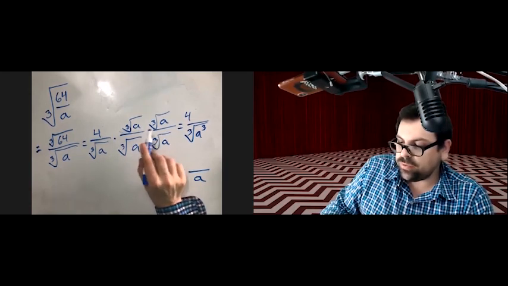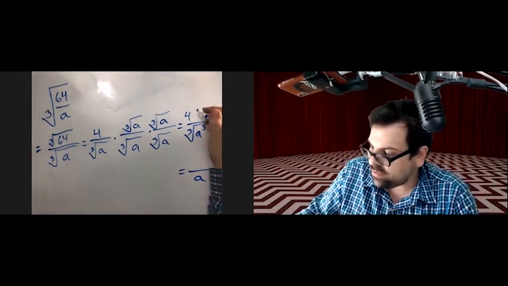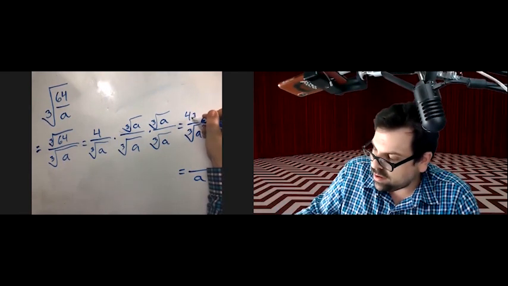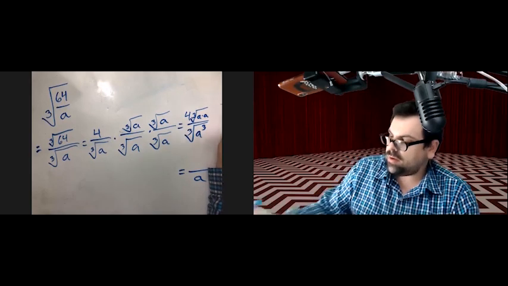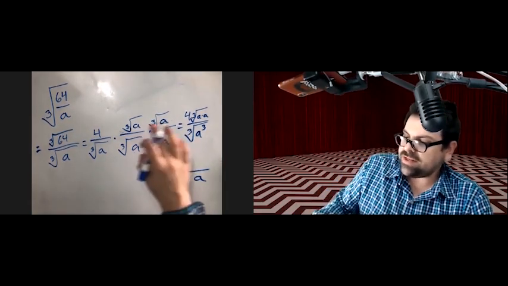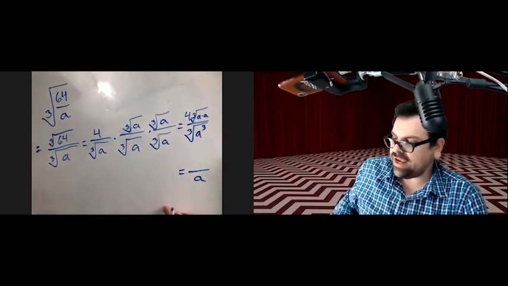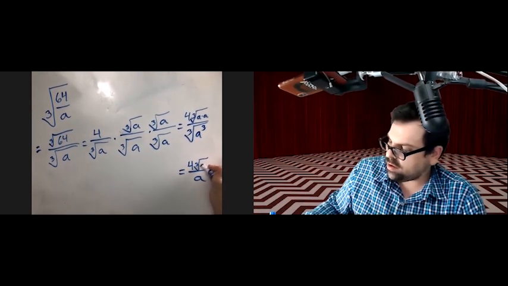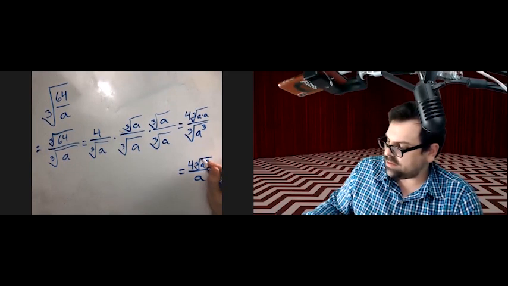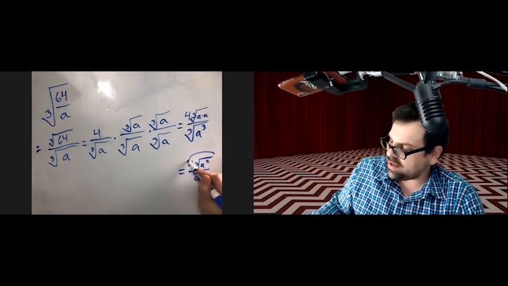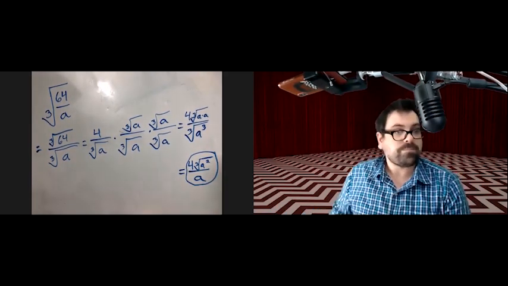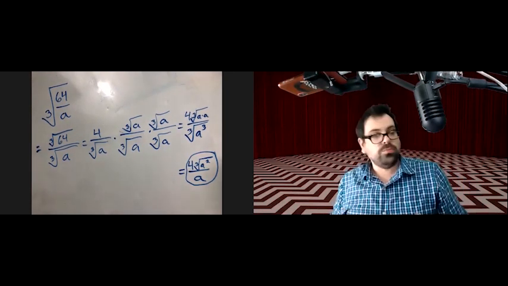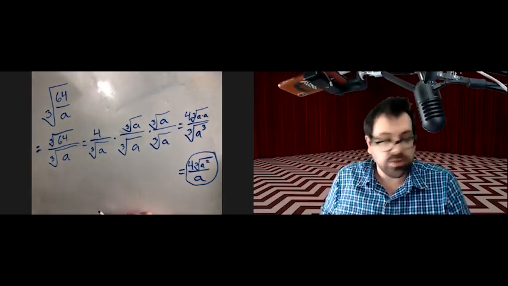It would be the cube root times itself. Or the cube root of a times the cube root of a is the cube root of a times a. Cube root of a squared is how we would write that. 4 cube root of a squared all over a.